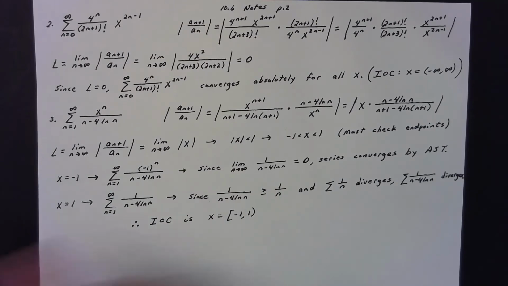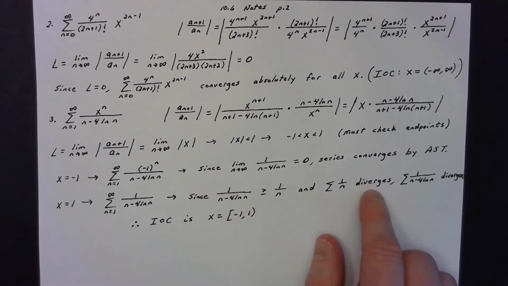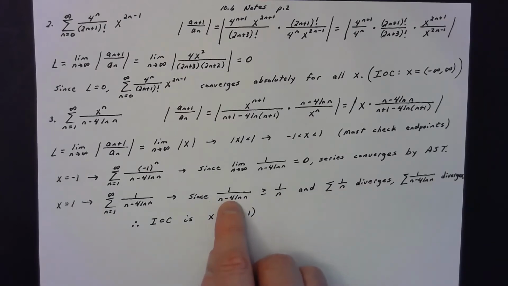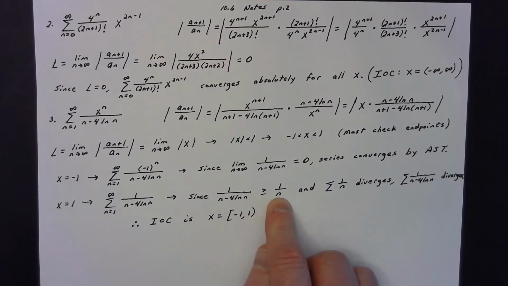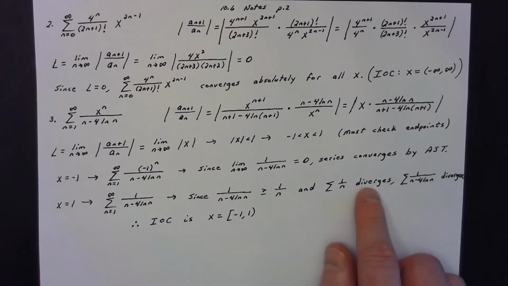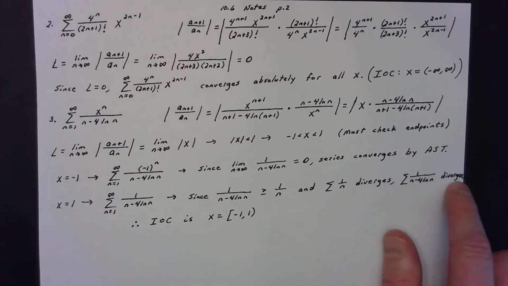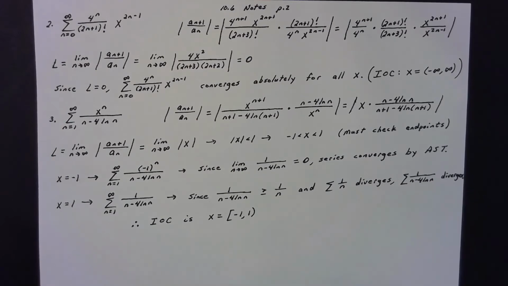How does that help? I know 1 over n is the divergent p-series with p equals 1. I've just shown that the general term of this series is larger than that general term. If you're larger than a divergent series, you're also divergent. So we can say our series diverges by the comparison test. That's the logic that was used here.